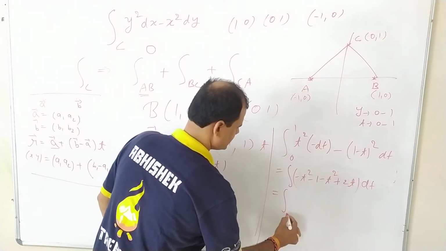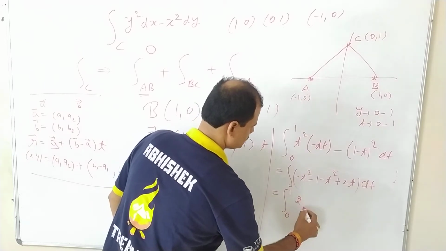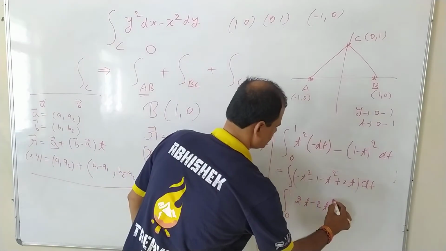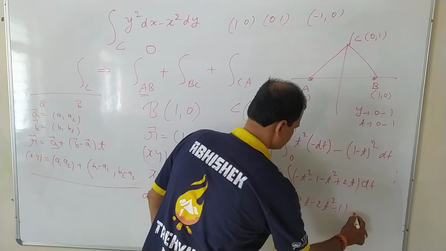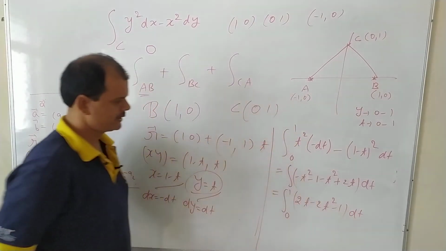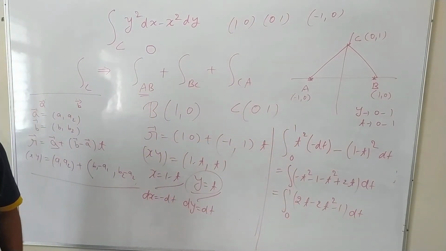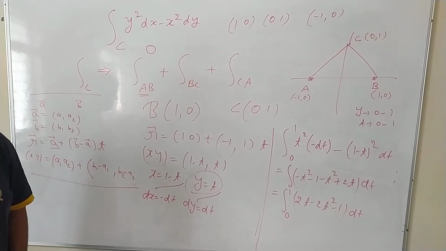So we get integral 0 to 1 of 2t minus 2t square minus 1 dt. Fine. Integral 0 to 1 of minus 2t square plus 2t minus 1. Fine. So if you simplify, we get answer minus 2 by 3.